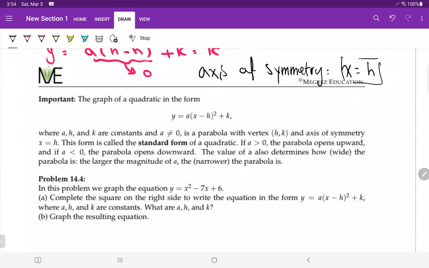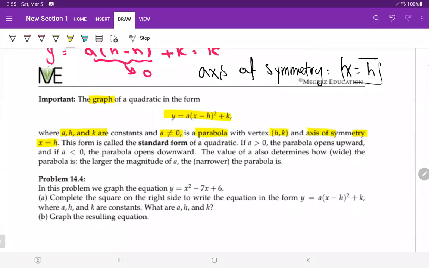This is kind of a summary of what we did, so let's read it quickly. These are constants. A cannot be 0, because if it's 0, we don't have a quadratic. It's a parabola with this vertex, and the axis of symmetry is this.